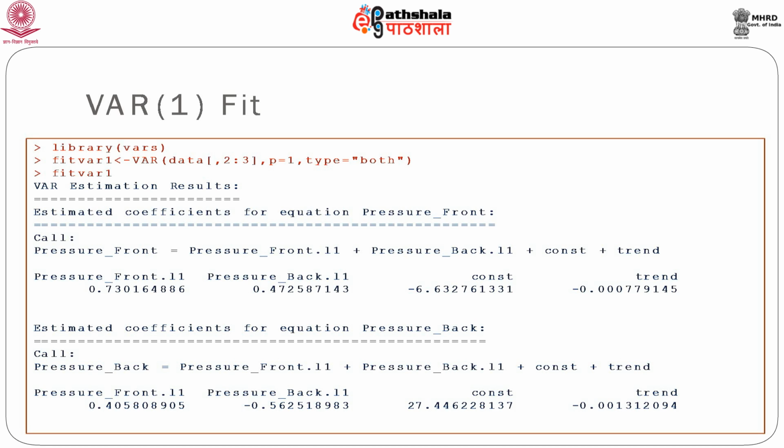So these are the coefficients estimated by the VAR function. It is just the point estimate of the vector autoregression parameters.